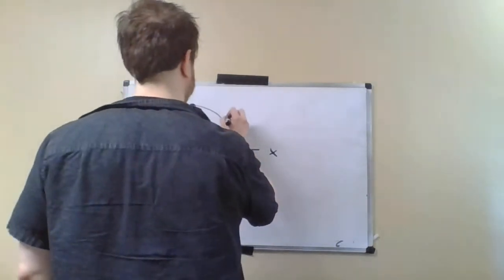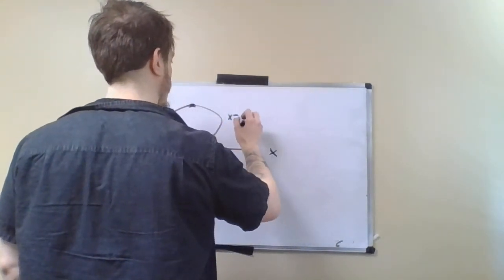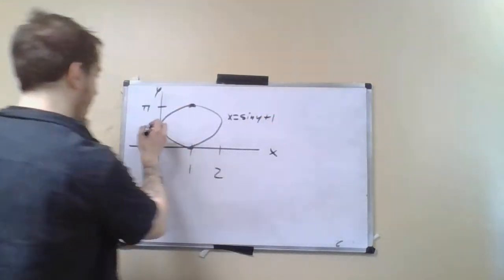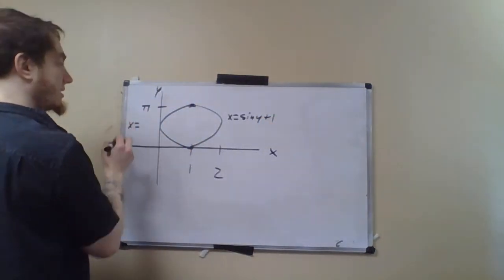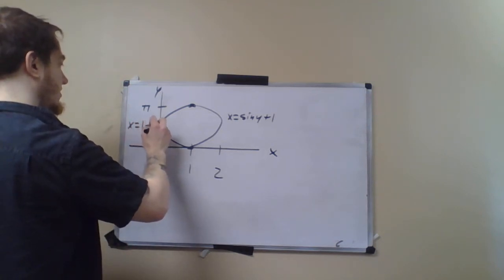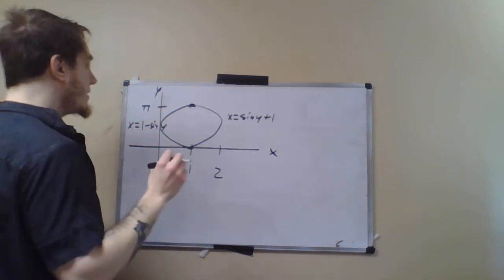And I tell you, this is the curve x is equal to sine y plus 1. And this curve over here is x is equal to 1 minus sine y.